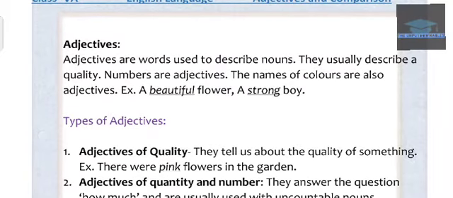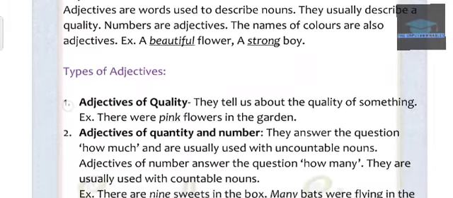Now, types of adjectives. Adjectives of quality. They tell us about the quality of something. For example, there were pink flowers in the garden. Pink here is the adjective of quality. In the next sentence, we have the next type of adjective. It's adjective of quantity and number.